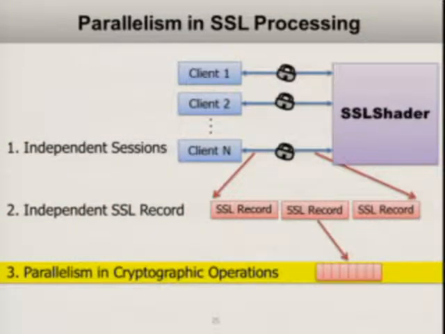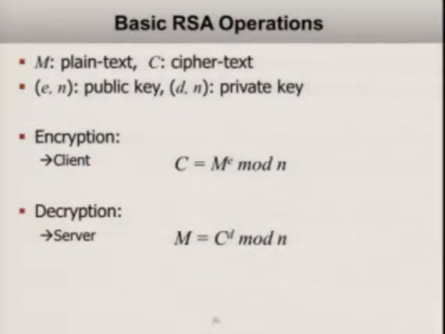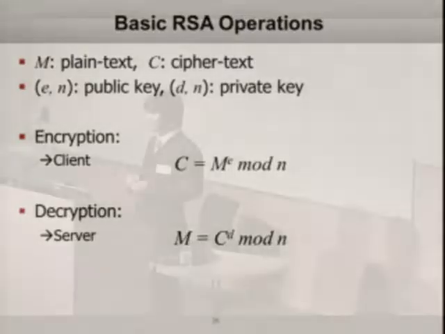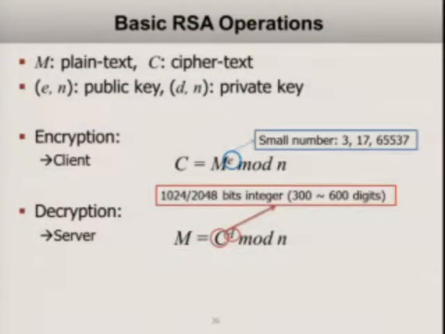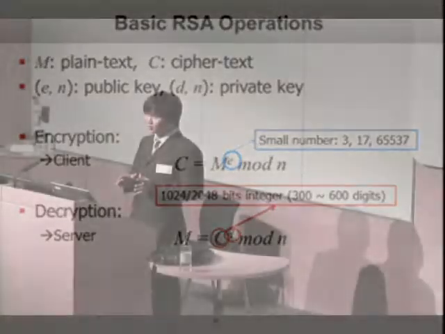First, I'll show how we parallelize cryptographic processing with an example of RSA. So let's look at how RSA works. For both decryption and encryption, it uses modular exponentiation. The difference is that in encryption, the exponent is typically a very small prime number like 3 or 17. In decryption, the exponent is a 1K-bit or 2K-bit integer, which is really large.